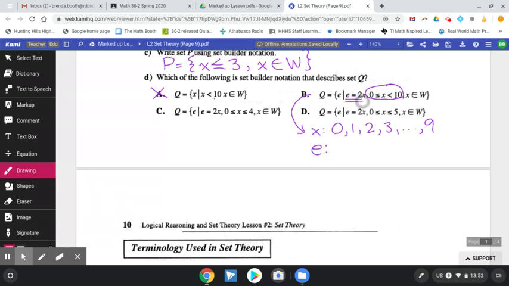And now let's look at E. Right here, it says E is equal to 2 times X. So I'm going to take each one of these X's and multiply by 2, and that would give me the possible E's.